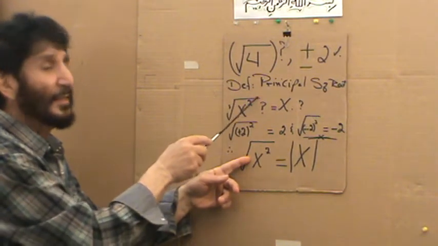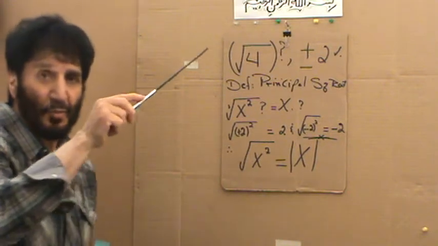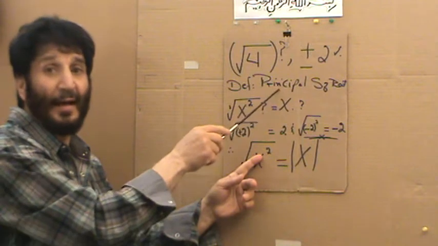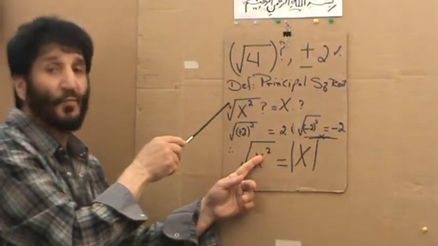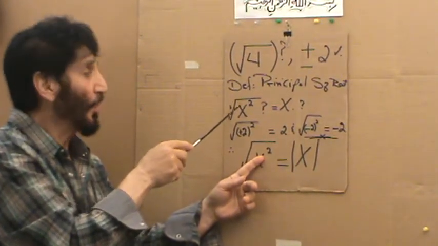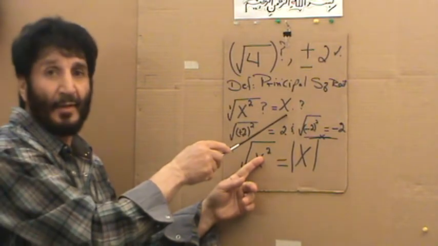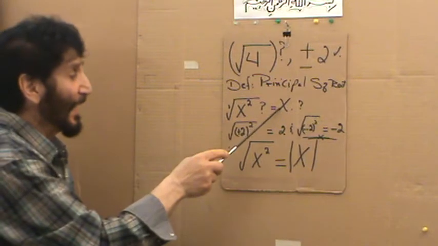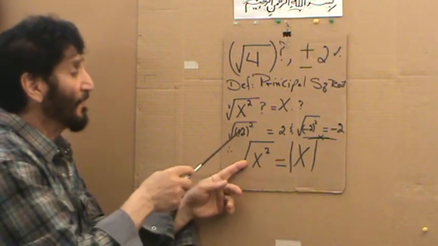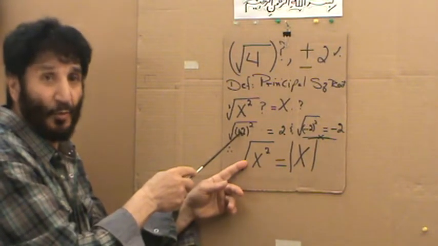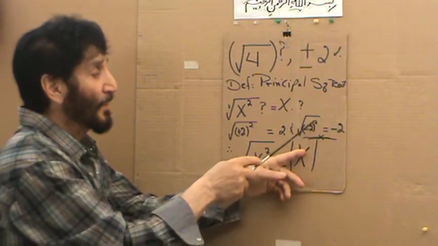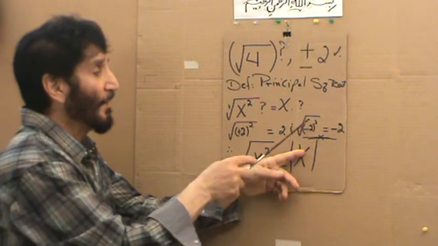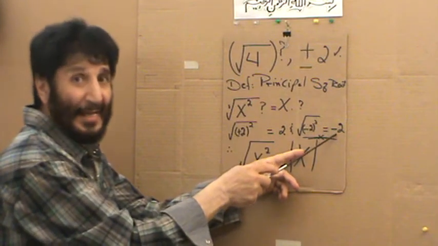Now, what is that one? You see, if I write it in the form of x squared to the power of 1/2, then 2 times 1/2 is 1, so it becomes x. Should be x. So why is it not x? Because if it is x, then what happens? If x is negative 2, in this case, then with 2 and 1/2, the answer comes out to be negative 2.